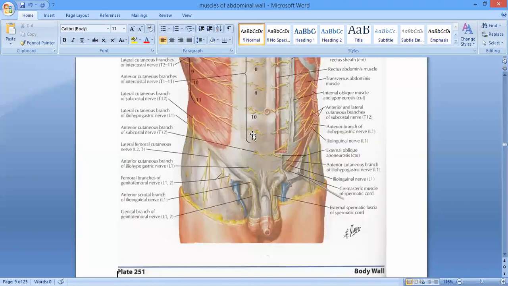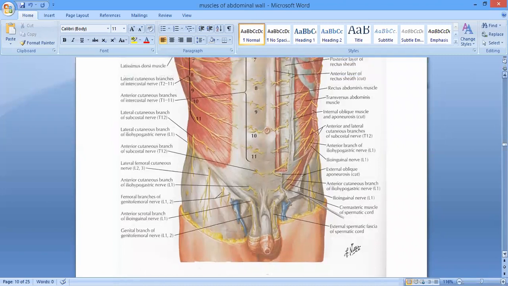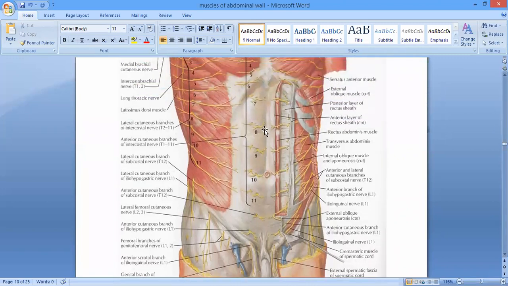And besides, we have other structures over here, and that is what? See the anterior rami of the lower 6 thoracic nerves. You can see here we have just reflected and removed some of the anterior layer of the rectus sheath, and you can see the nerves entering the rectus sheath.